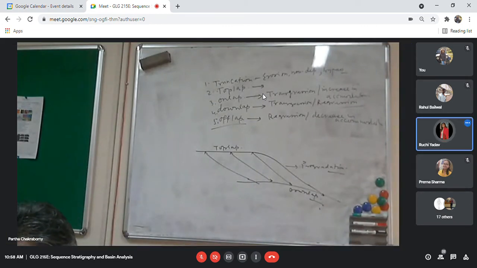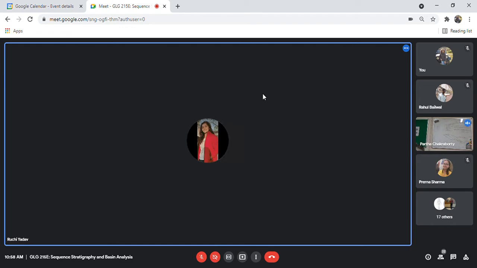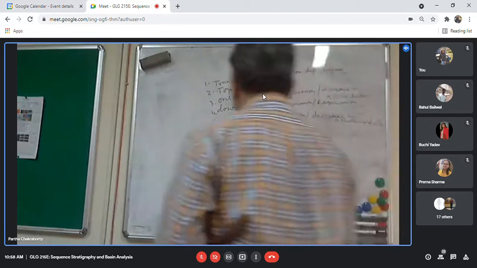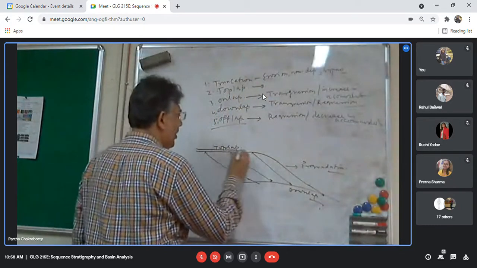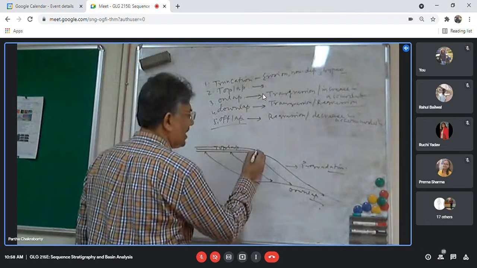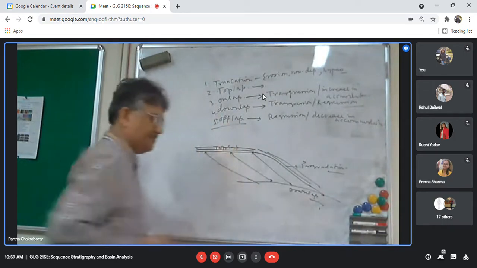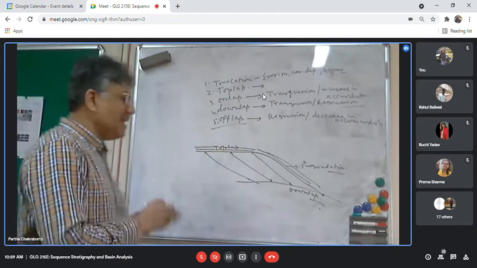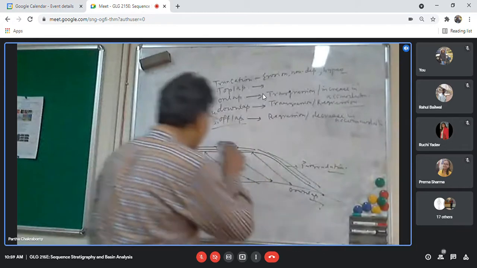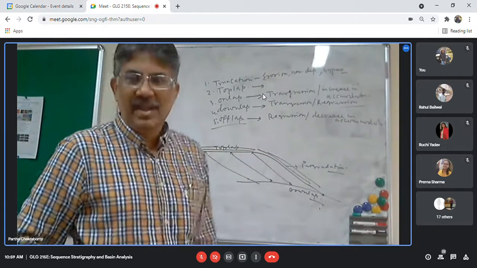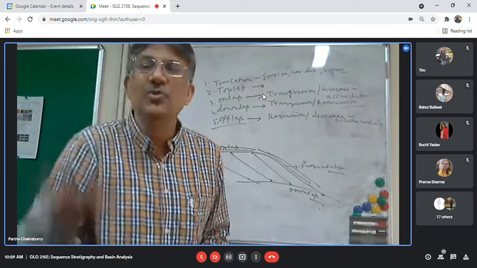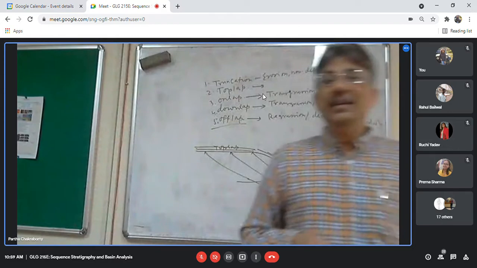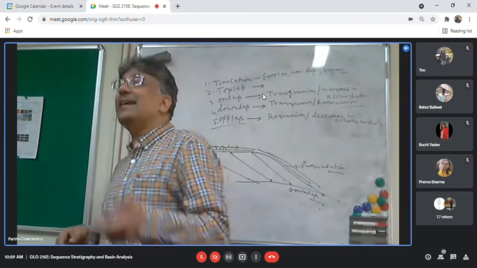Can you explain why it is progradation, not aggradation? Yeah, absolutely. When I say aggradation, I have this aggradation. What is progradation? Progradation is this. Prograde and aggrade. Now, the question is that when this aggradation is so low that it is below the seismic resolution level, then I cannot identify that aggradation at all.